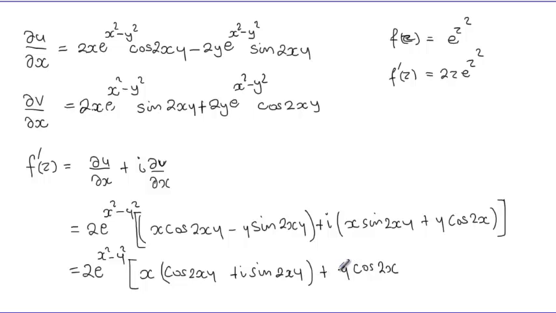So this one's got an i here, and there we've got a minus i, which is actually plus i² y sine 2xy.